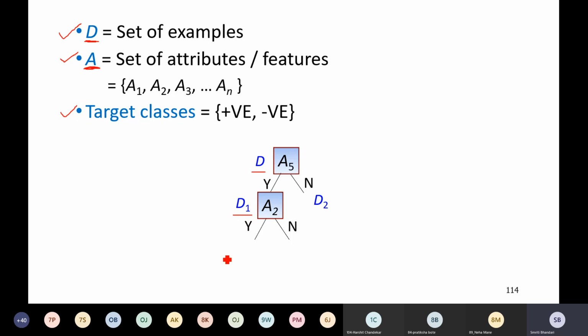In the first subset of D1, we will have the examples of the D1 set such that the A2 value is yes.